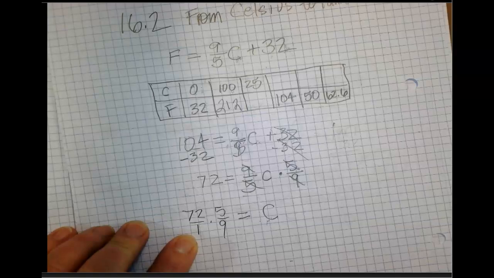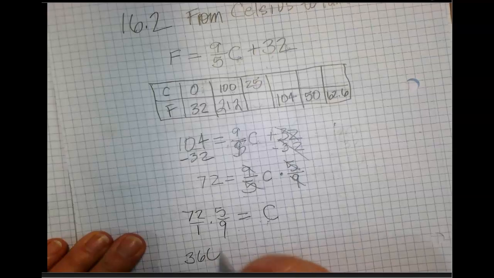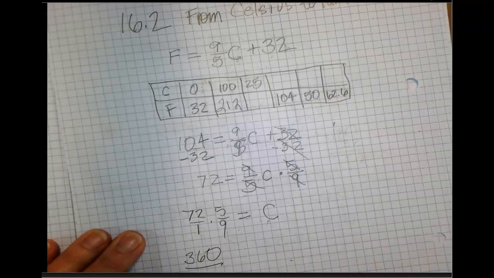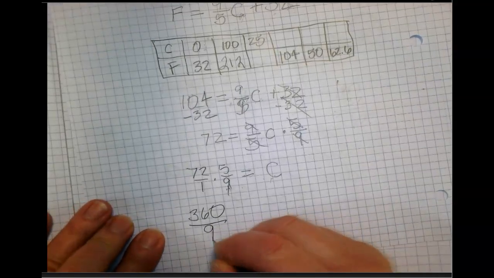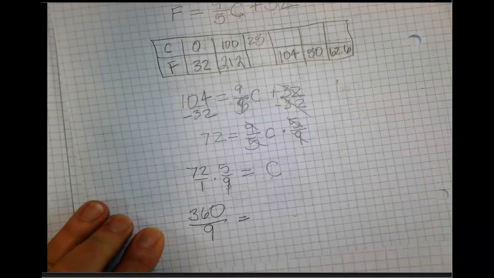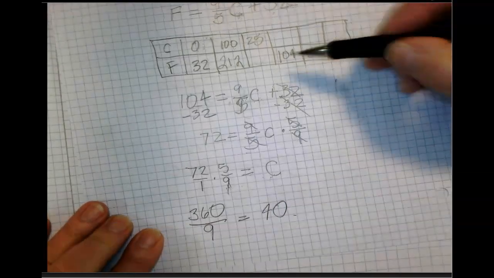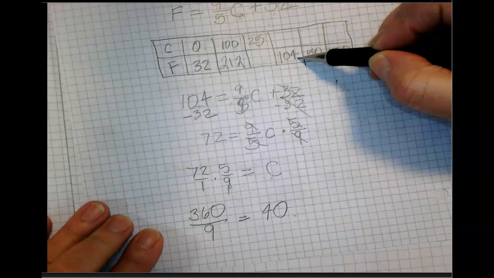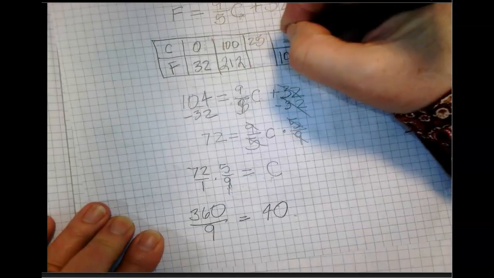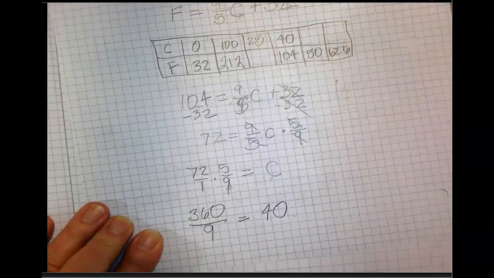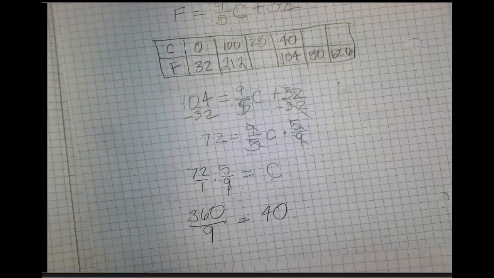72 times 5 equals 360. And 360 divided by 9 equals 40. So 104 degrees Fahrenheit is equal to 40 degrees Celsius.